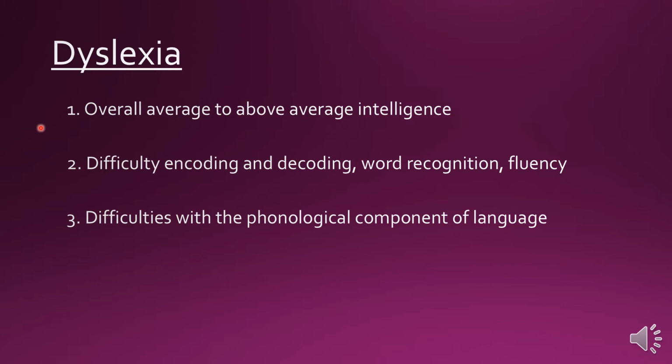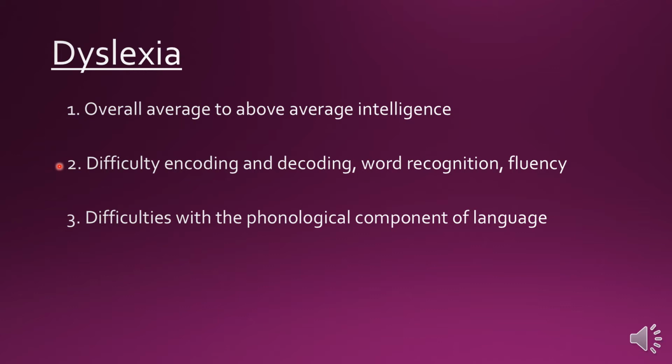We don't even have to test any of this other stuff, because if they do not have overall average intelligence, they're not going to qualify for dyslexia. If you have a student who is intellectually disabled, they're not going to qualify for dyslexia. Again, you have to have overall average to above average intelligence, okay?